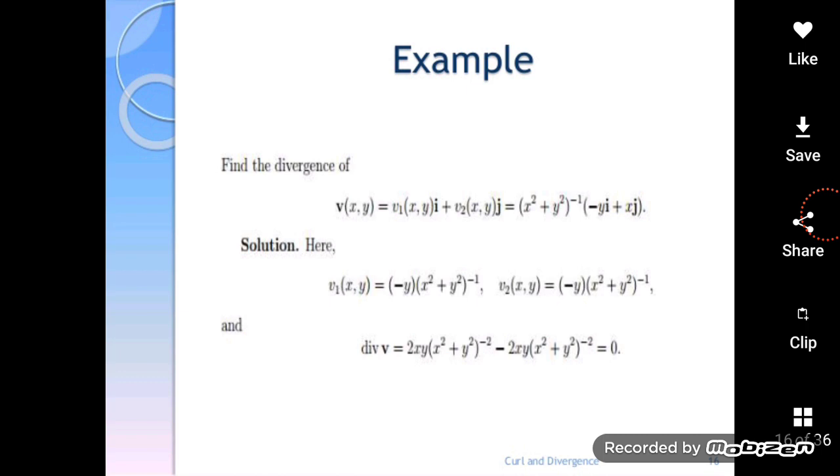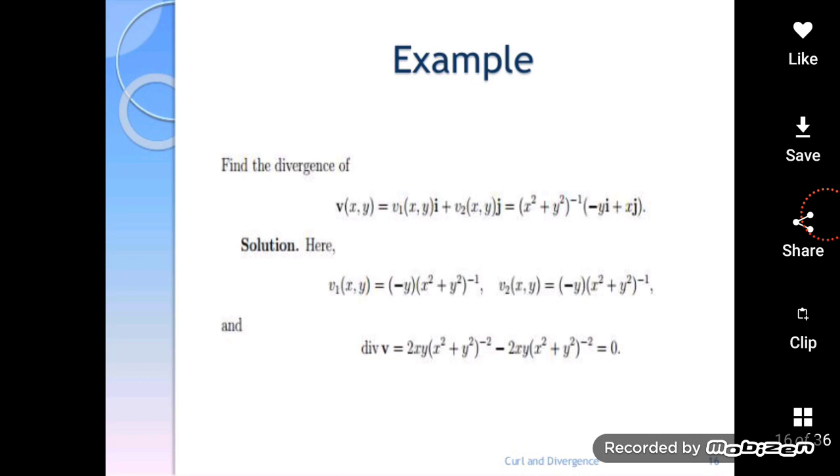By comparing both sides, we have the solution: v1 of xy, along the i cap component, is equal to minus y times x square plus y square to the power minus 1.